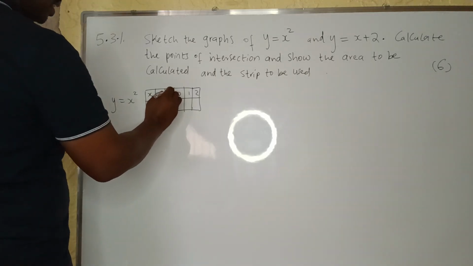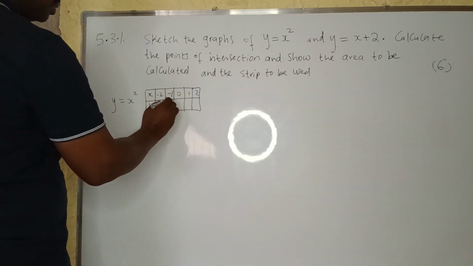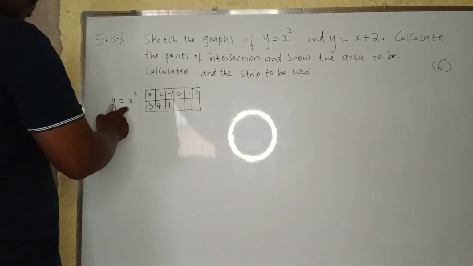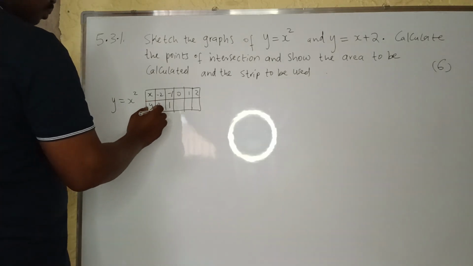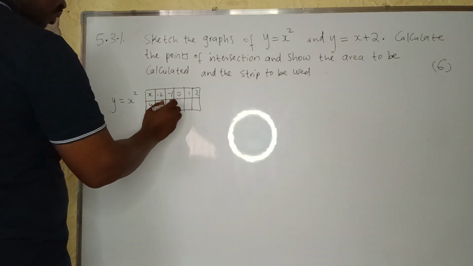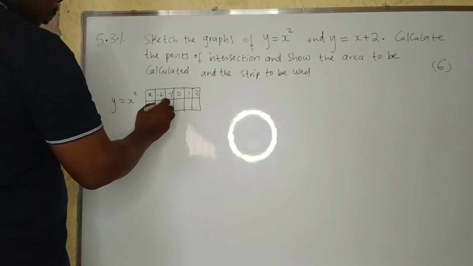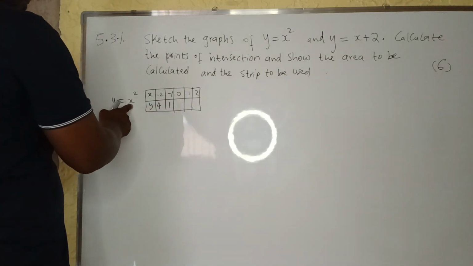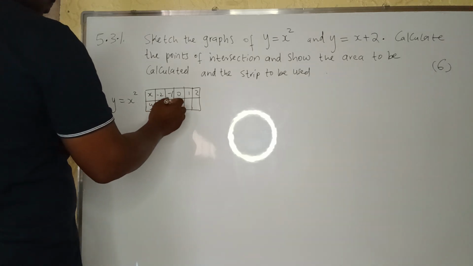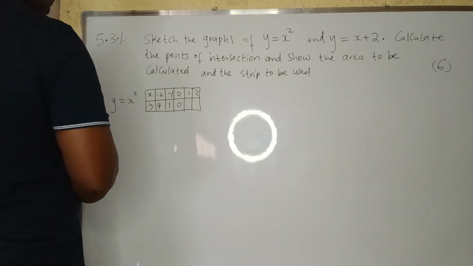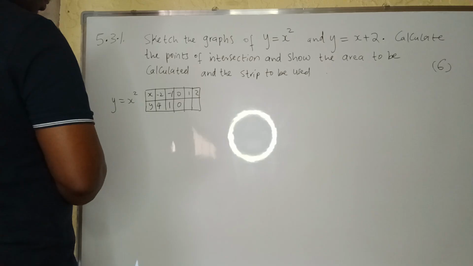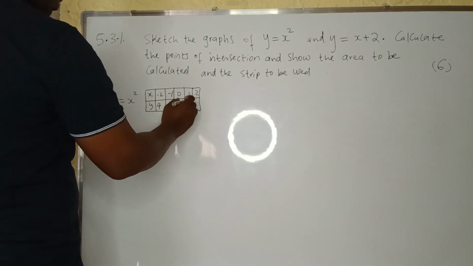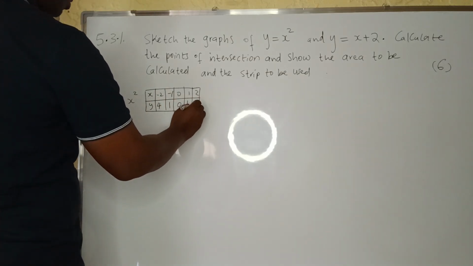When you have -1, you will be having +1. When you have the value of x as 0, you'll be having 0 there. So it's going to be a 0 and a 0. When you have 1, you have 1. That one is 4.